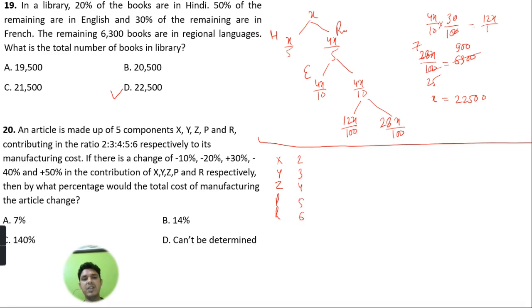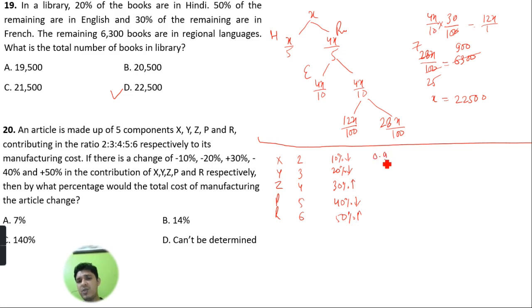If there is a change of minus 10%, minus 20%, plus 30%, minus 40%, plus 50% in the contribution, that means we can write minus 10%, that means the decrement of 10%, minus 20%, that means the decrement of 20%, plus 30%, that means the increment of 30%, minus 40%, that means 40% decrement, and finally plus 50%, that means 50% increment. So students, we can find what will be the new values.